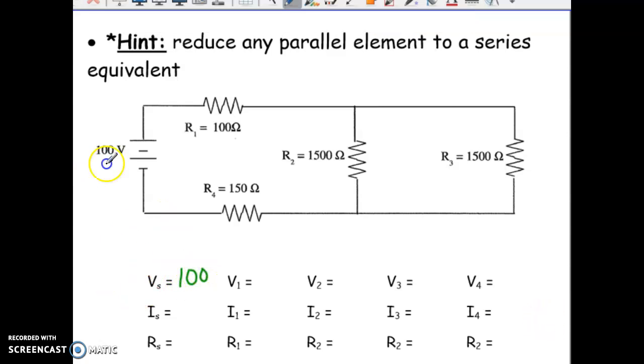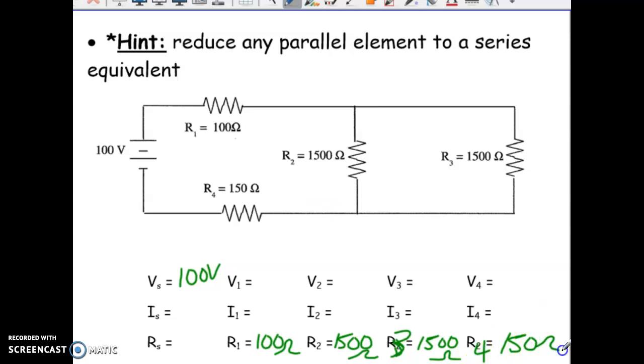Vs, we have that it is 100. We have no information about the rest. And we have information here, right? So we have 100 ohms, we have 1500 ohms, this should be R3, this is 1500 ohms. And this should be, oh my goodness, what did I do with the resistance? This should be R4, which is 150 ohms.